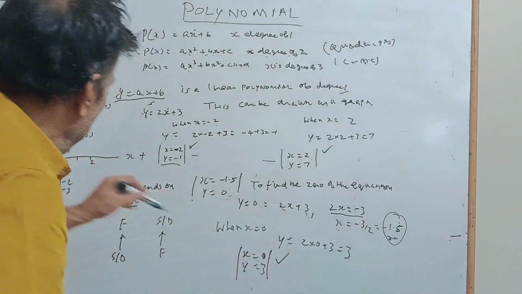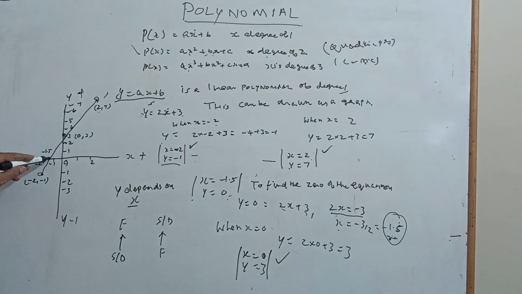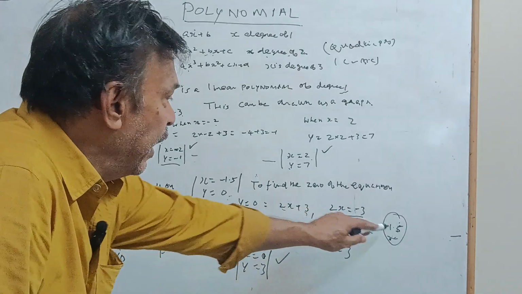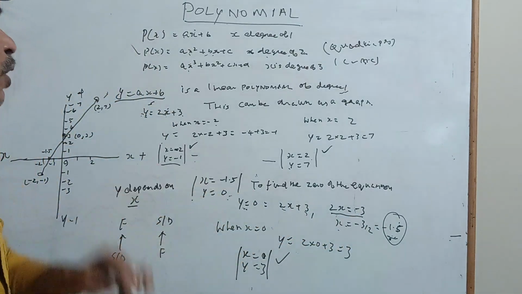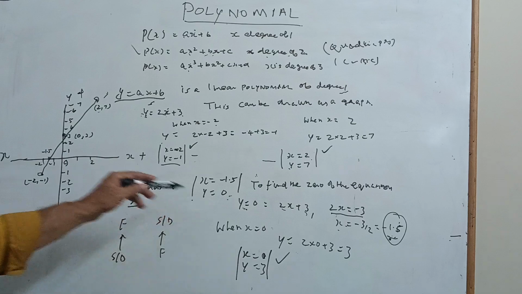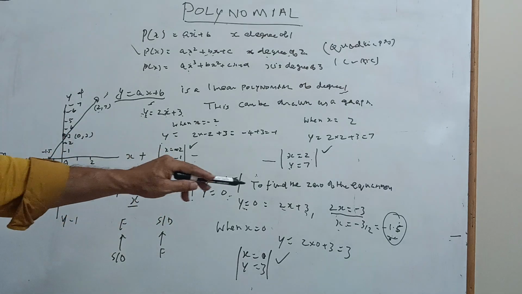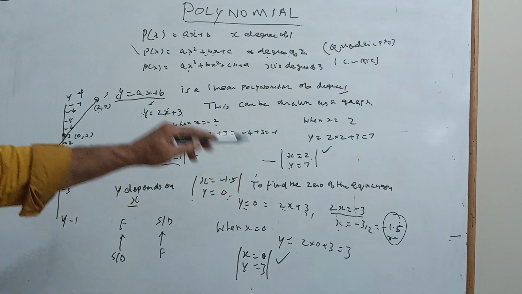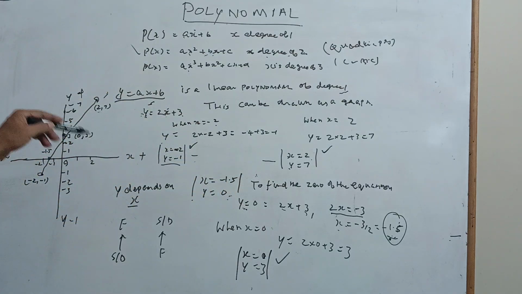This graph cuts the x-axis at minus 1.5. So that becomes the zero, because when you put x equal to minus 1.5, the equation becomes 0. You got the point. So the zero of the equation is minus 1.5. Next we will go to the next one.